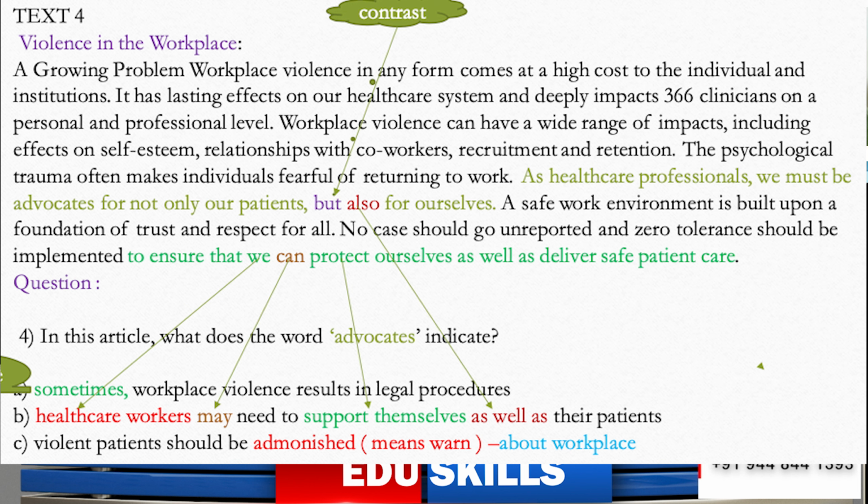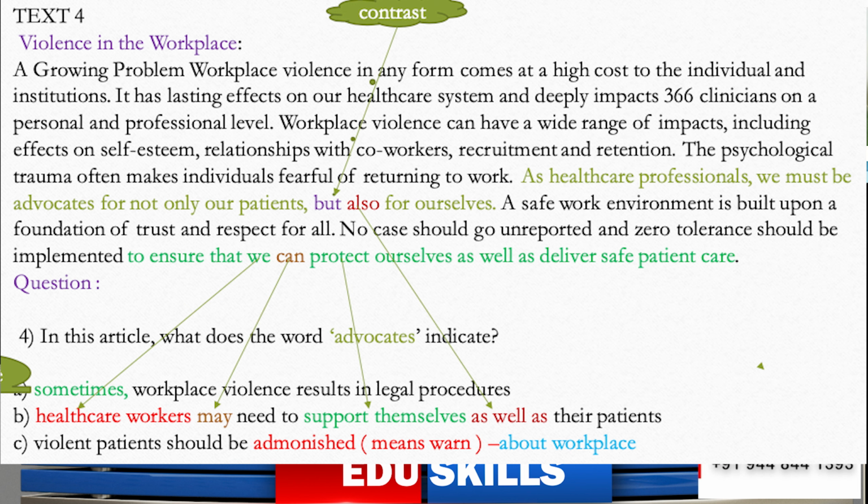So they paraphrased here, right? Healthcare workers, that is we. They are talking about healthcare professionals, so we refers to the healthcare workers. May, can, need to support themselves. Here, protect ourselves as well as their patients, they wrote here, deliver safe patient care. So option B, totally they paraphrased here in the text.